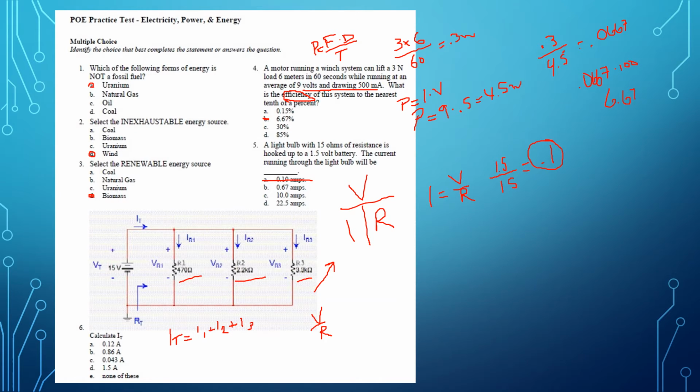So coming back over here to this equation, now start plugging in some values. So V over R for resistor 1, it's kind of hard to see. The V is going to be, for each one of these, 15 volts. So you've got 15 divided by this first resistor here, which is 470. So 15 over 470.